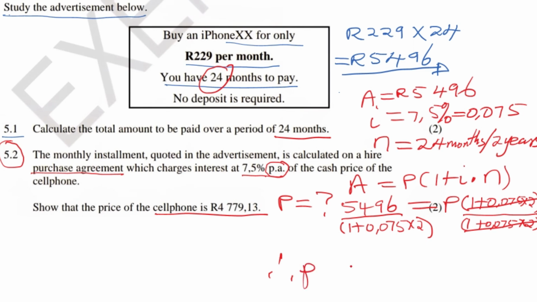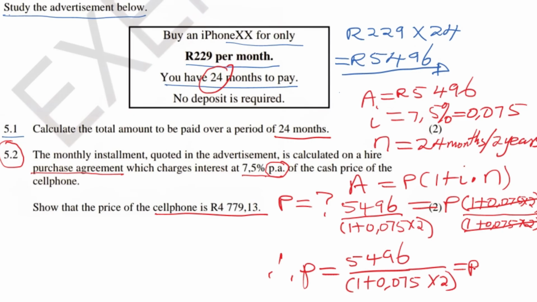Therefore, the value of P is equal to 5,496 divided by 1 plus 0.075 multiplied by 2. And then when we press our calculator, we get 4,779.13 cents.